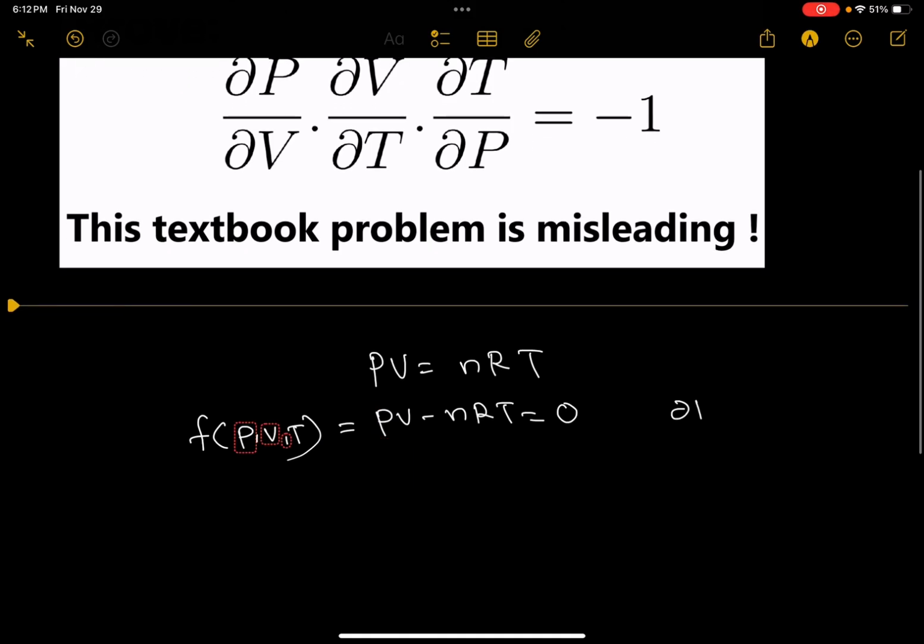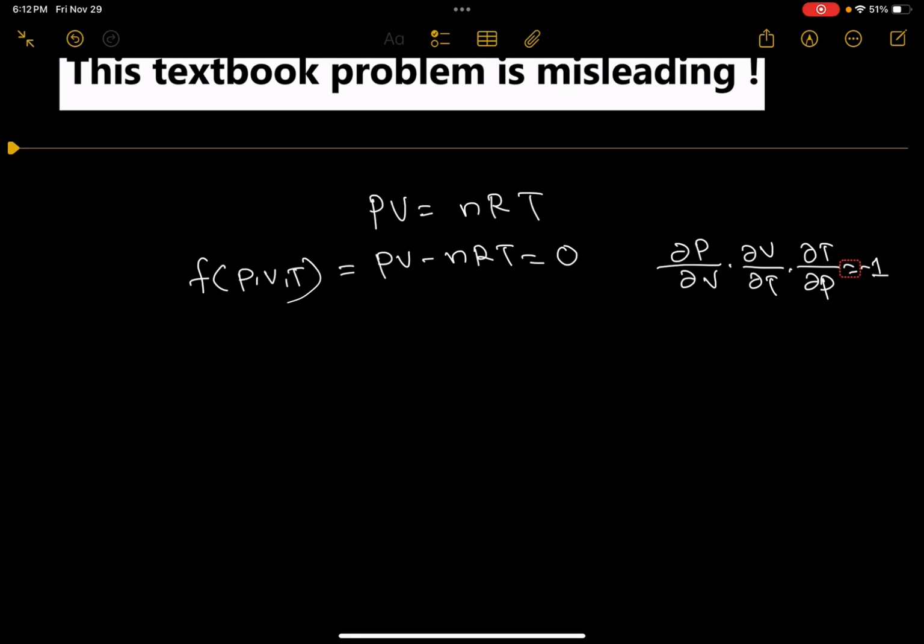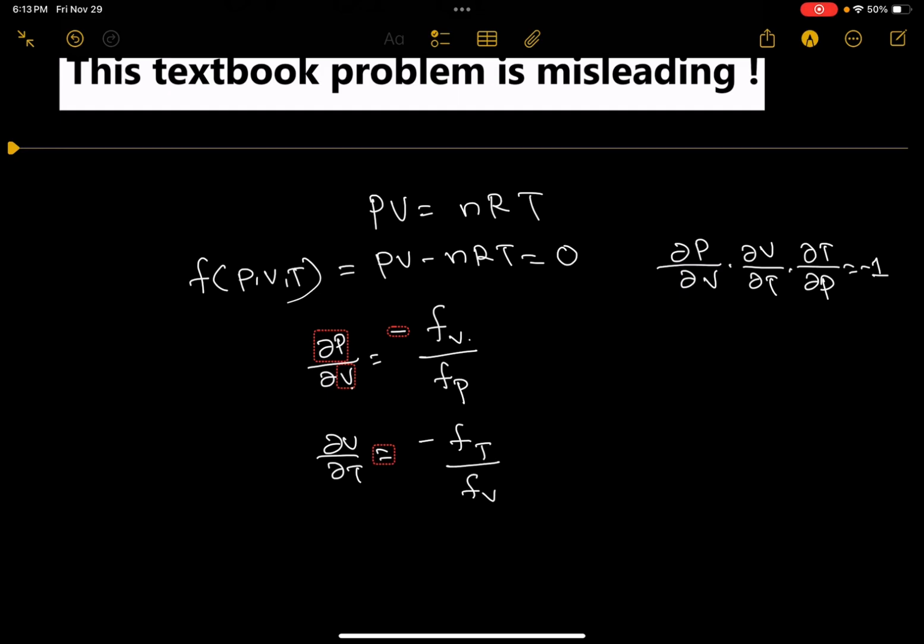We are asked to prove that partial P by partial V, partial V by partial T, partial T by partial P is equal to negative 1. Now, I can write partial P by partial V as minus the partial derivative of the function with respect to V, by the partial derivative of the function with respect to P. Similarly, I can write partial V by partial T as minus the partial derivative of the function with respect to T, by the partial derivative with respect to V. Basically, the variable in the denominator goes to the numerator, and the one in the numerator goes to the denominator.